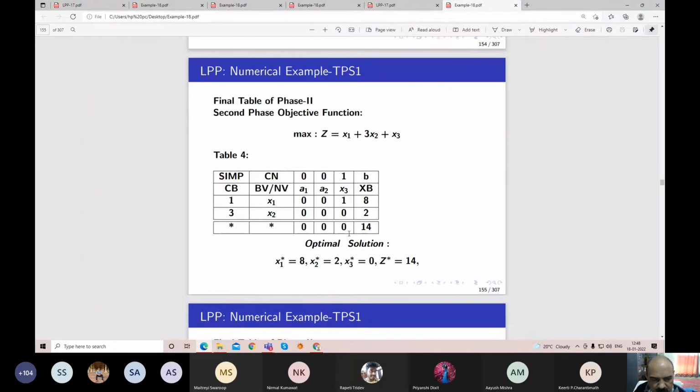If you compute the inner product of 1, 3 with 1, 0, what is the value? It is 1. 1 minus 1 is 0. Assume the A1 column and A2 column are not there, only one column.